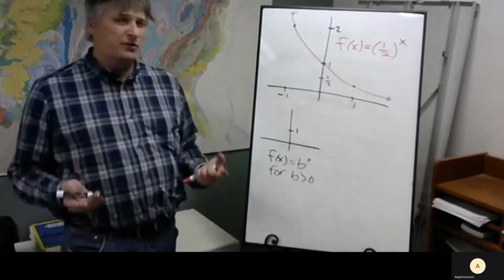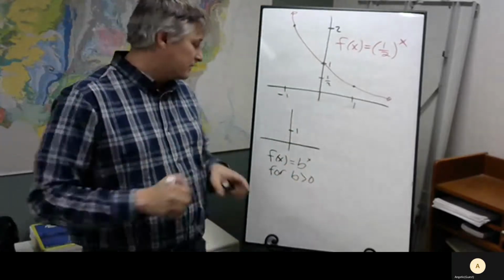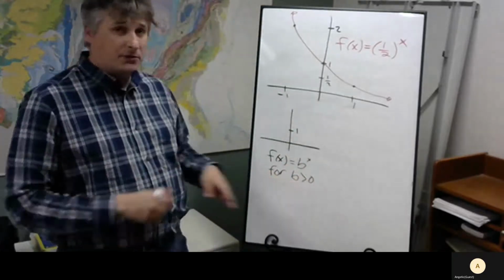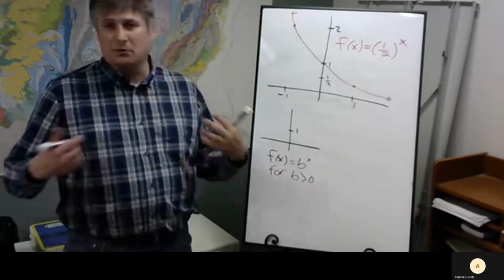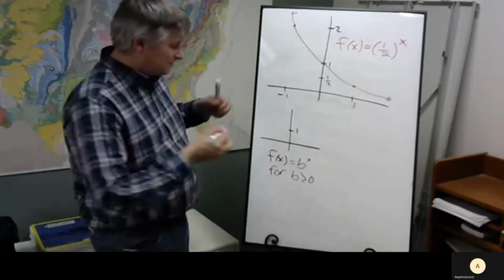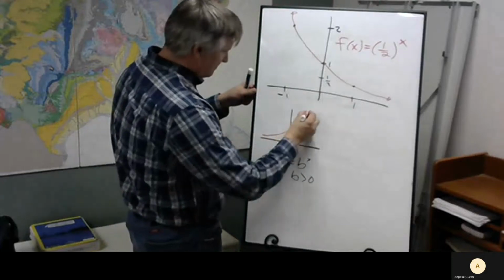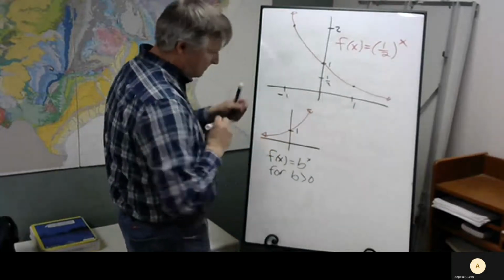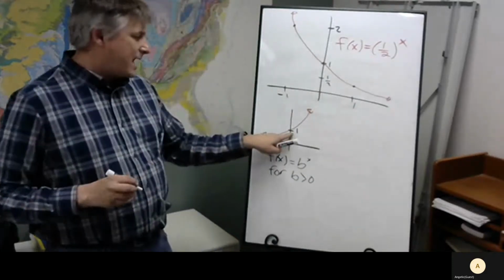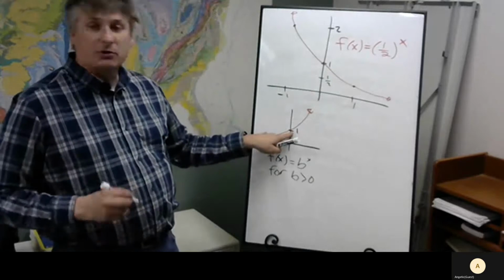And these are the two versions we're going to use for this function. The version where b is greater than 1, like b could be 2 or 3 or 7, it's going to look like this. And it's going to pass through this point, 0, 1.